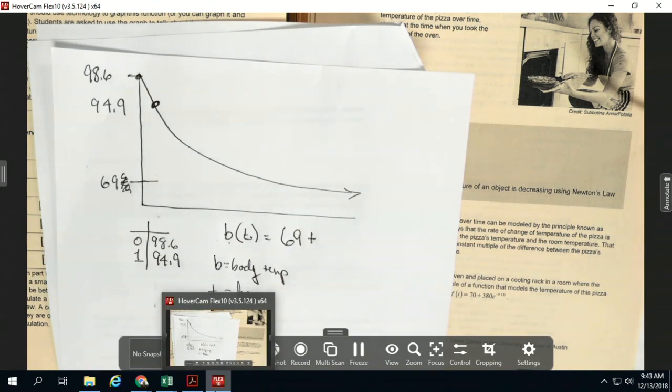19.6. Close. 19.4. No, it's the tens place. This is almost 70, right? Yeah. And this is almost 100. So it'd be 29, right? Okay, yeah. If you take 98.6 minus 69, what do you get? 29.6.